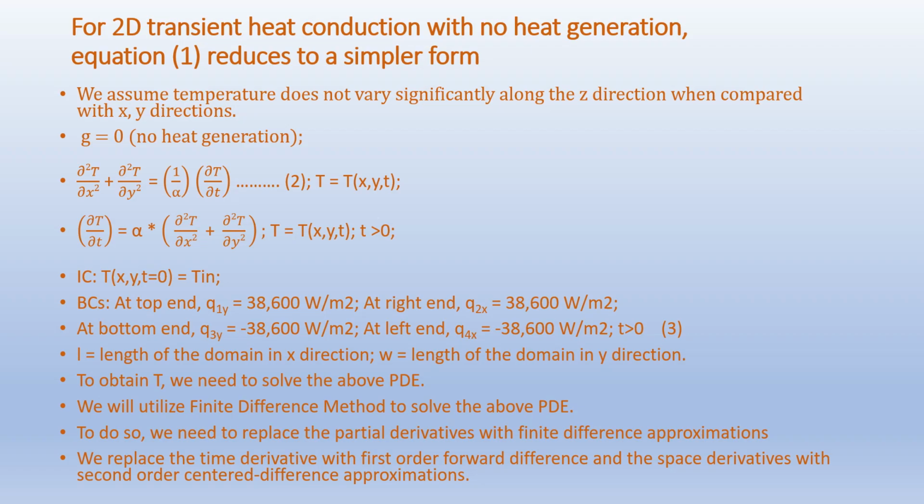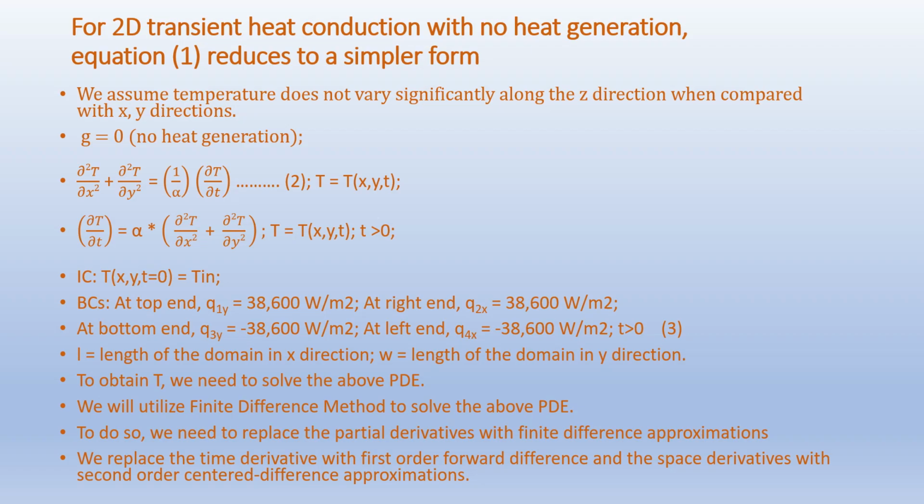As mentioned before, the sign convention is chosen to represent that heat is flowing out of the domain in all four sides. L is the length of the domain in x direction and W the length of the domain in y direction.